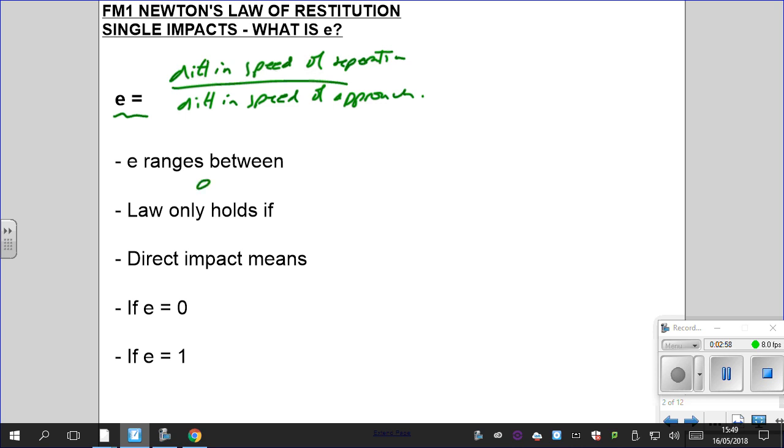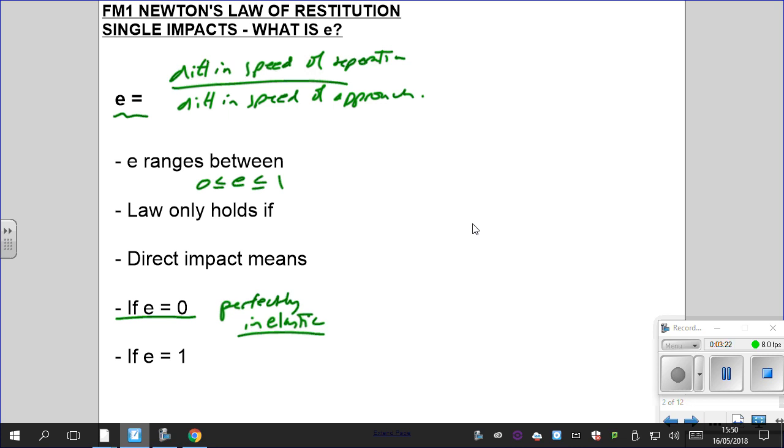Now, e ranges between 0 and 1, and we say that if e is 0, we have a perfectly inelastic relationship, i.e., the maximum amount of kinetic energy is being lost. It means if two balls collide, they just won't move anywhere. They'll just stop.